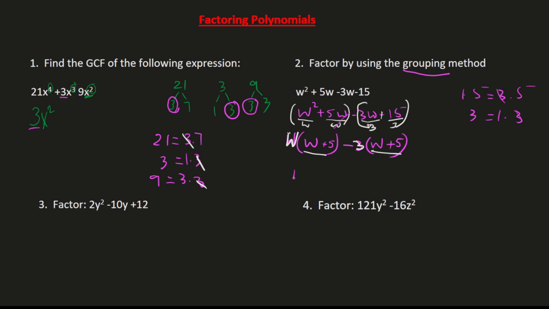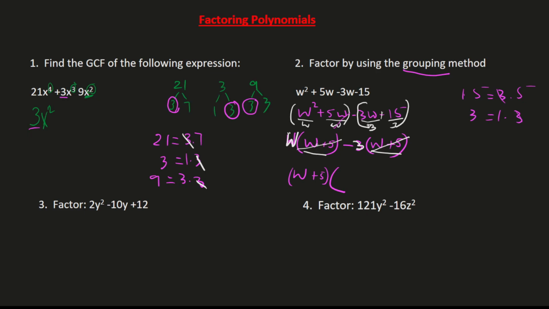So we get w here plus 5. That's what I get out here. Once I get this out, I open my parentheses. So this is my new GCF. Once I open my parentheses, since I put this one out already, what I put here encompasses that one and that one.